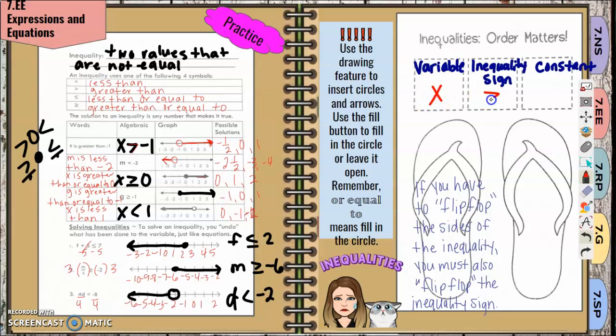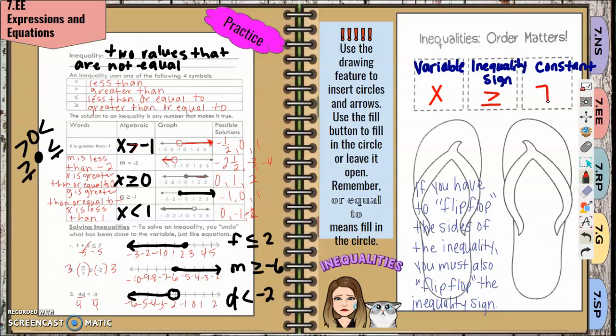Then you should have your inequality sign in the middle. Just like we had with our equations, we had the equal sign. And then on the right, you're going to have your constant. That means that it doesn't have a variable beside it. And there's only one number that's there. That number does not change. So this is our final answer. It should be variable, inequality sign, and then the constant. Whatever that final number is once you solve it.